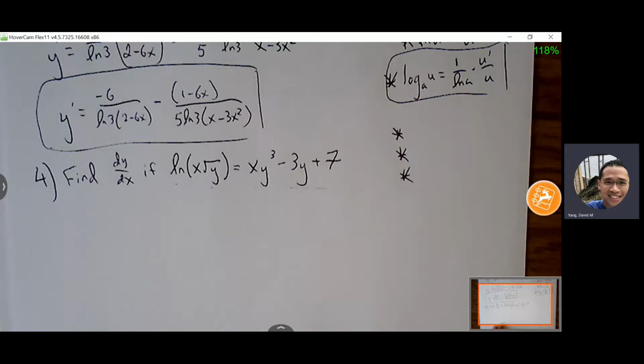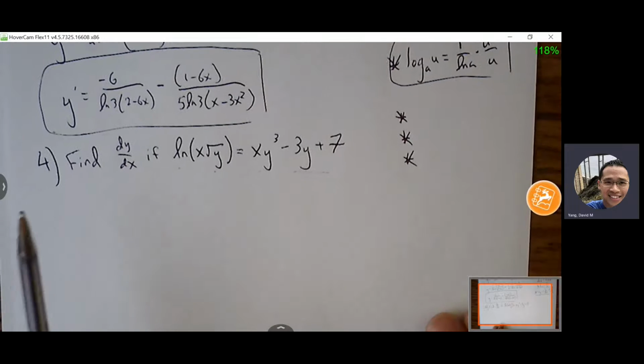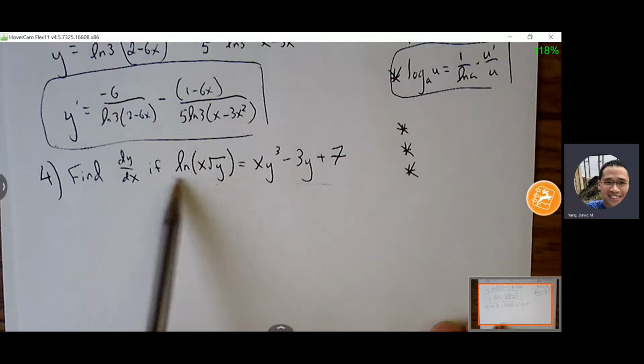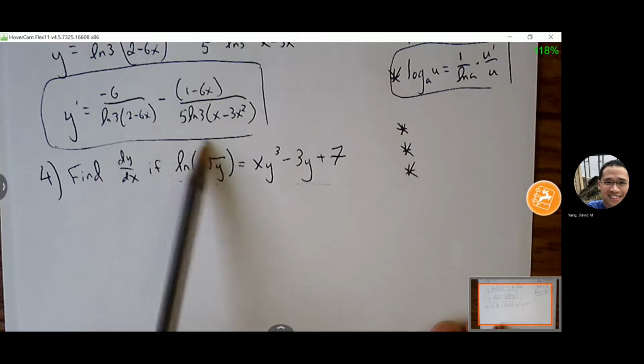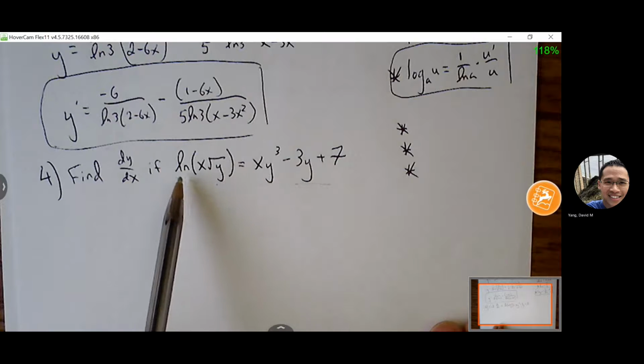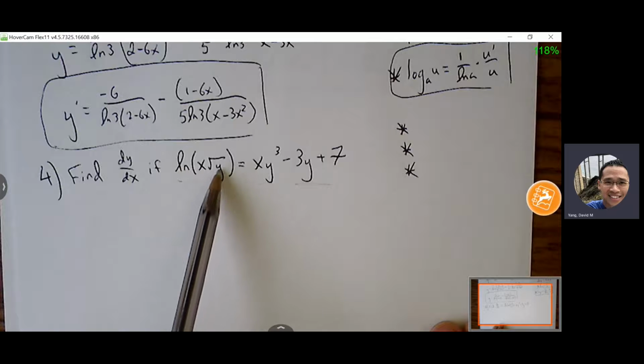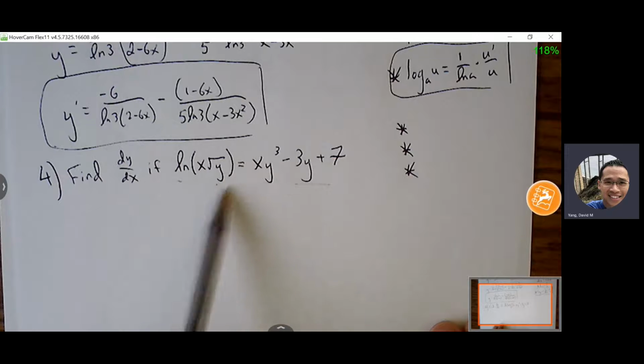Any ideas? So what can we do with this natural log of x root y? Here's y to the 1/2. We can raise this to the 1/2. And then what can we do?